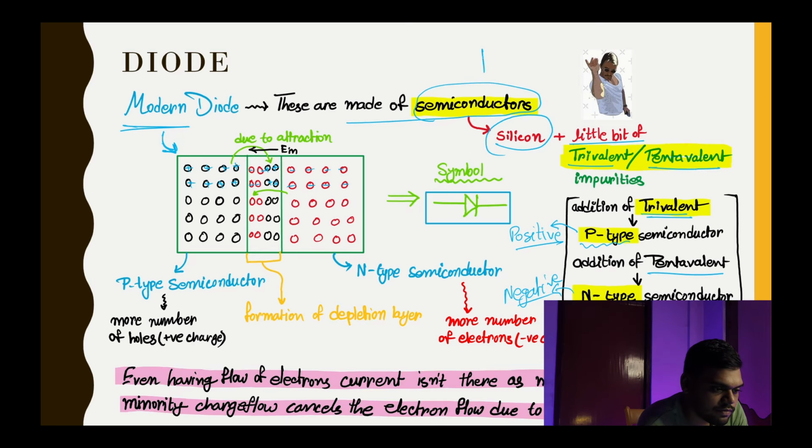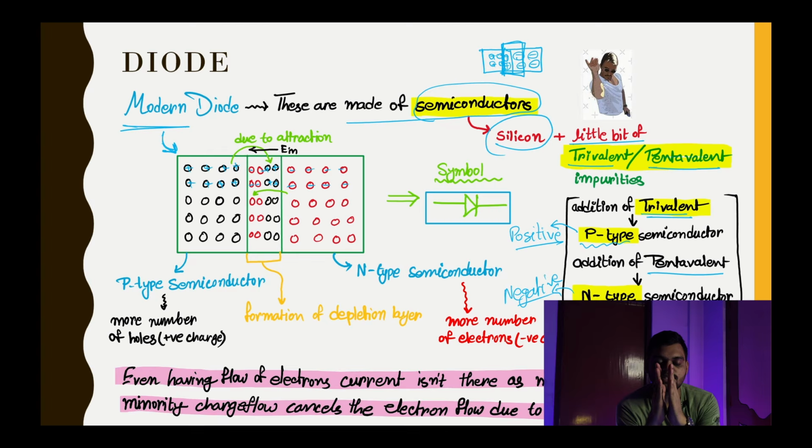So at first, imagine this was the case. There are positive charges and negative charges as well. Let's just focus on this region. At this region, we have positive charges and negative charges sitting side by side. Will there be any attraction?